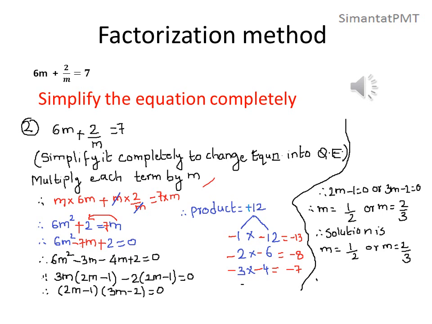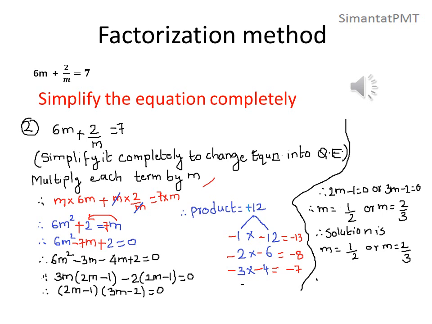Therefore, we get m into 6m plus m into 2 upon m equal to 7m. Now 7m goes to the left hand side. We get 6m square minus 7m plus 2 equal to 0.